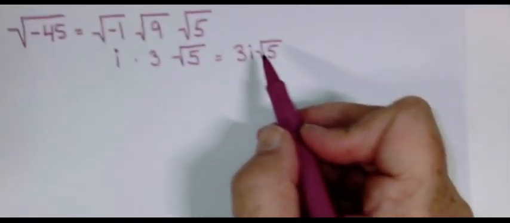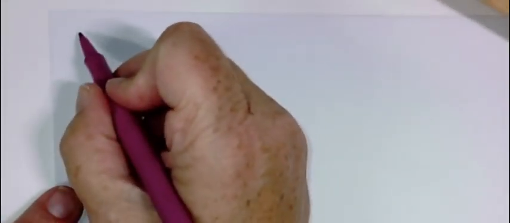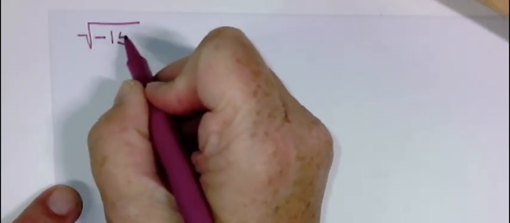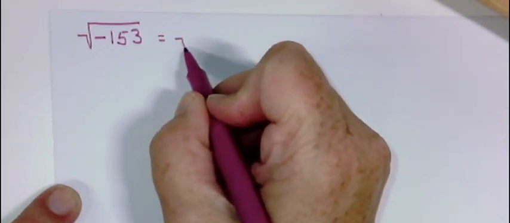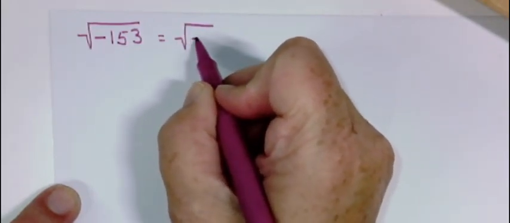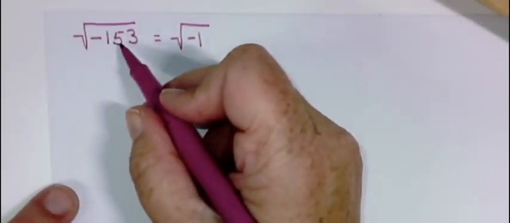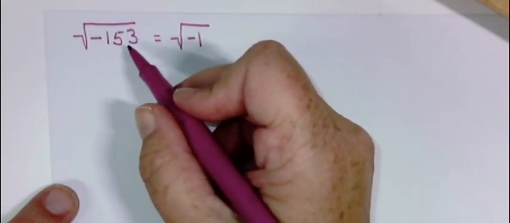Okay, let's try one more. For our next example, we'll do the square root of -153. So we know we're going to rewrite this with a square root of -1. And then 153, I wonder if that simplifies. What I could do is use the factor tree approach if I'd like.